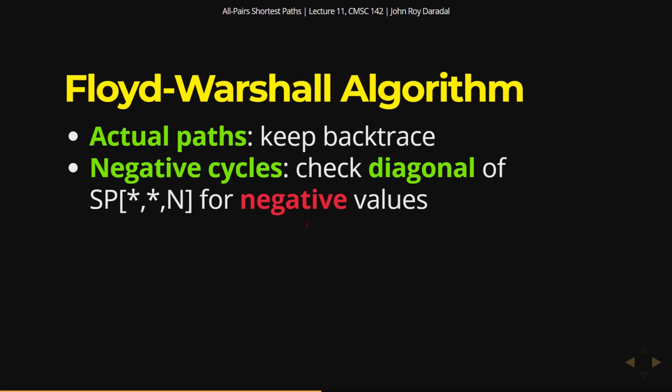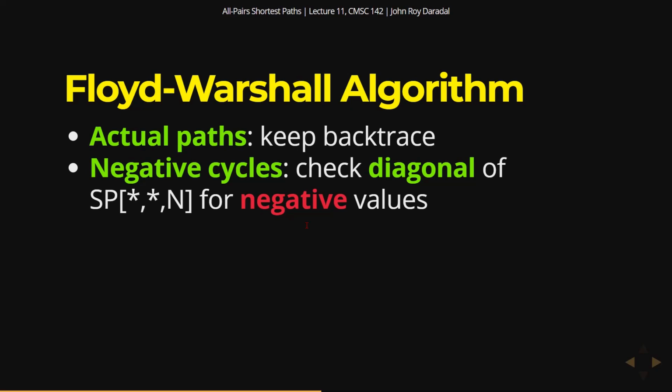Okay? Floyd-Warshall algorithm, as it is, only computes the shortest path lengths. Okay? For the actual paths themselves, you will need to keep a backtrace, just like what we're doing in the other dynamic programming algorithms. Okay, and then to check if there's a negative cycle, we'll check the diagonal of the final table for negative values, and if there are, that means that there's a negative cycle.